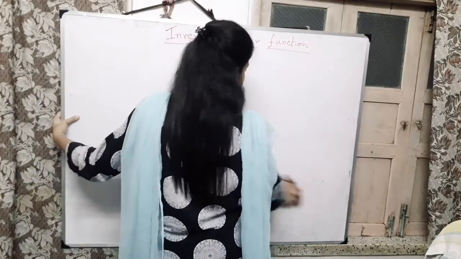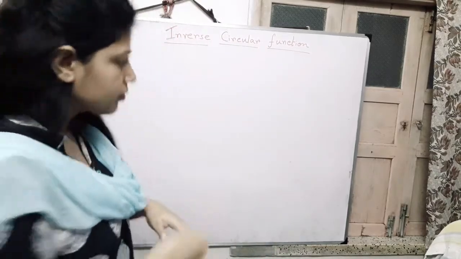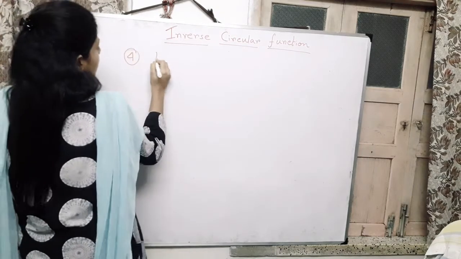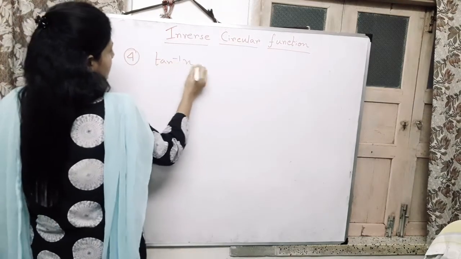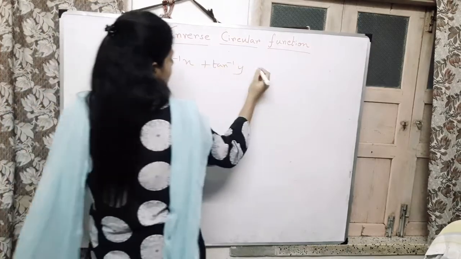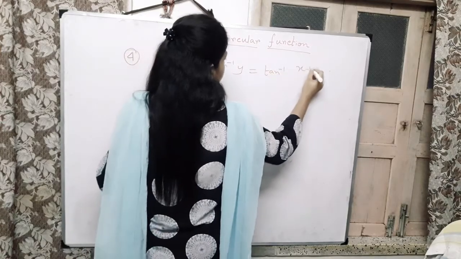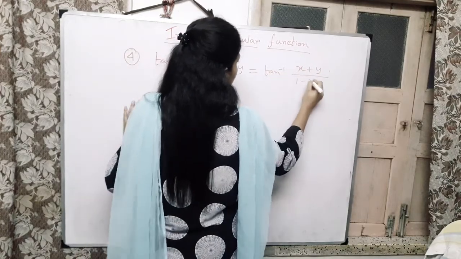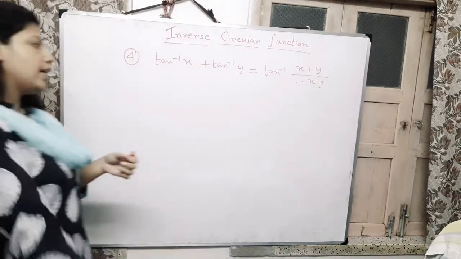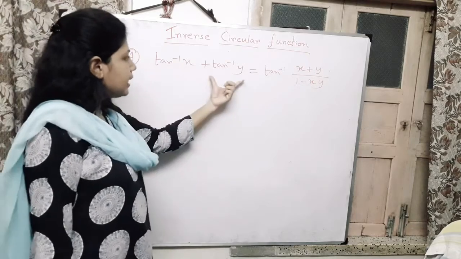Now next I will say tan inverse x plus tan inverse y equals tan inverse of x plus y by 1 minus xy. If you have done compound angles properly, I think you will get this obviously. Tan inverse x and tan inverse y.